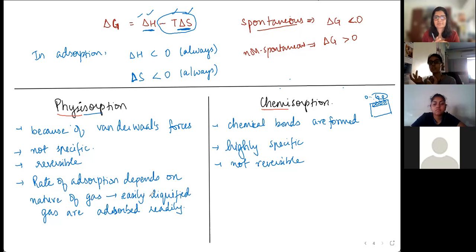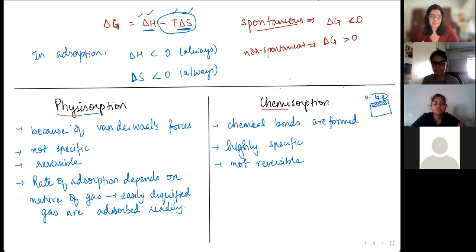And because the molecules come closer together, the van der Waals forces will be maintained, and the adsorbate will be adsorbed. I don't know if that made sense. Correct, you got it. Absolutely.